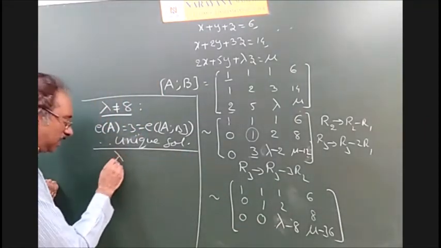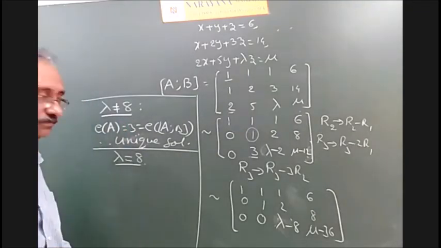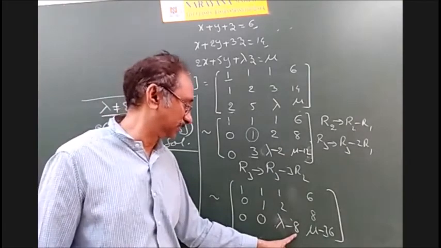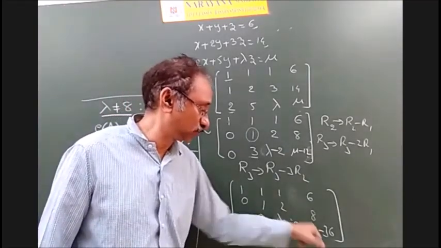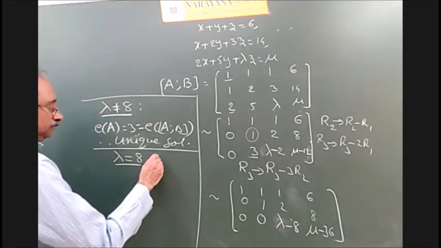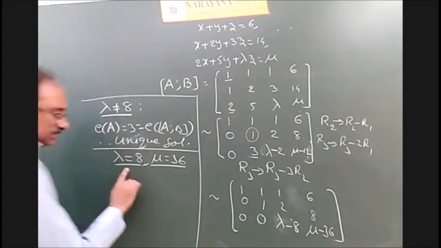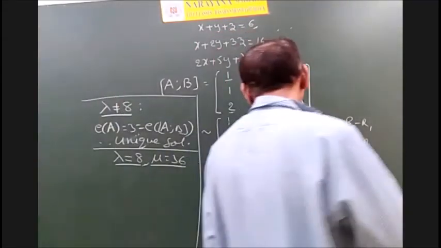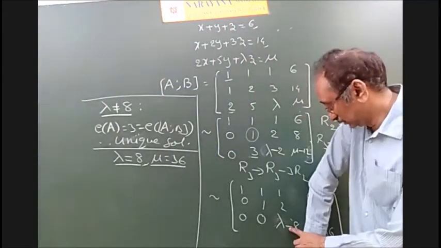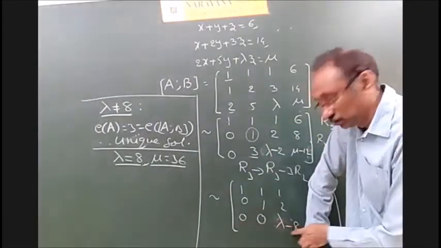Suppose lambda is equal to 8, then what happens? So, if lambda is equal to 8, and now the question turns to mu value. Suppose mu is equal to 36. Then what happens? Since lambda is equal to 8, this is 0 and number of non-zero rows is only 2 because it is already a 0 row.